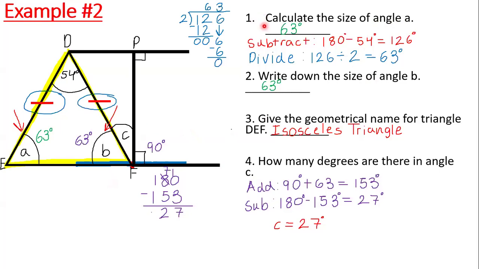You understand number 1? Yes, sir. Number 2? Yes, sir. Number 3? Yes, sir. How about number 4? So the rule is that angles on a straight line at a common point add up to what?